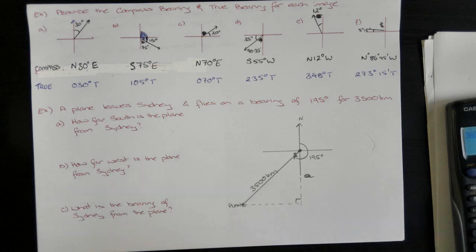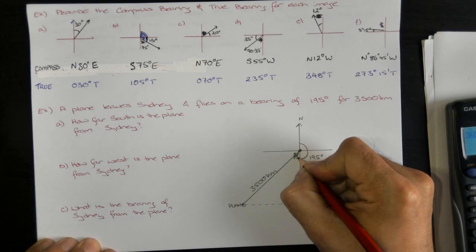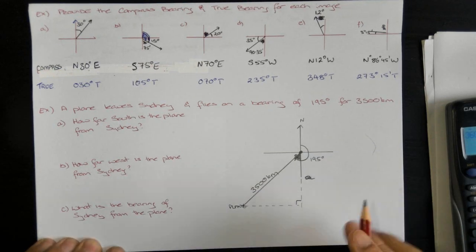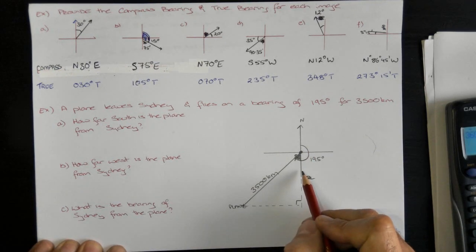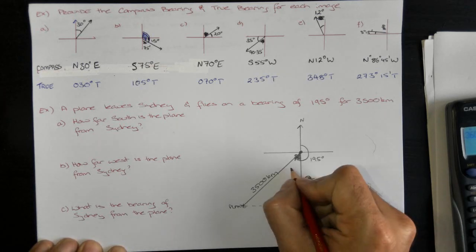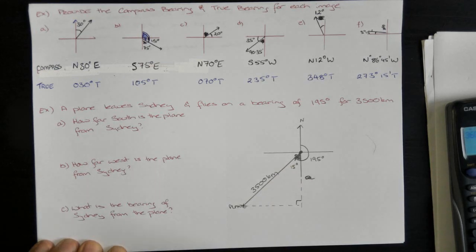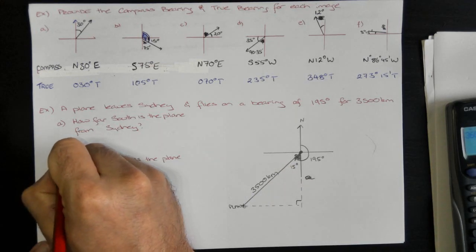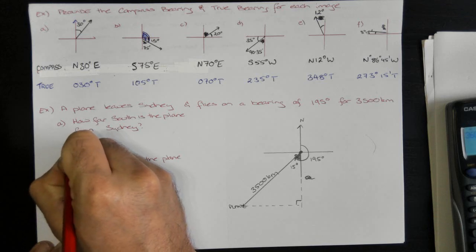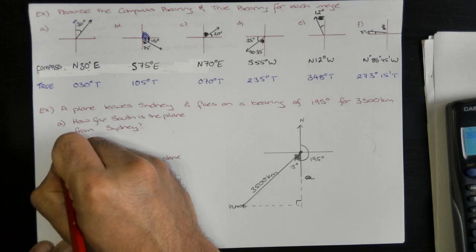All right. So using that, I know what this angle in the triangle that I've just made is. Yeah, because I know that this is a straight line, which is 180. 195 minus 180 means that this part in here is 15 degrees. So what I actually have is a triangle of 15 degrees and a hypotenuse.